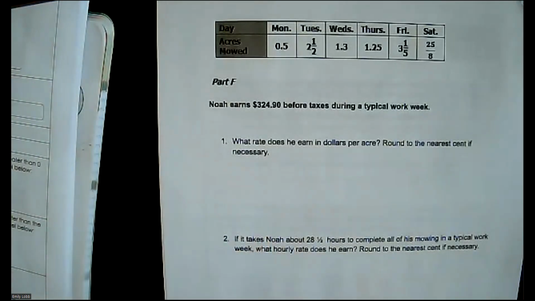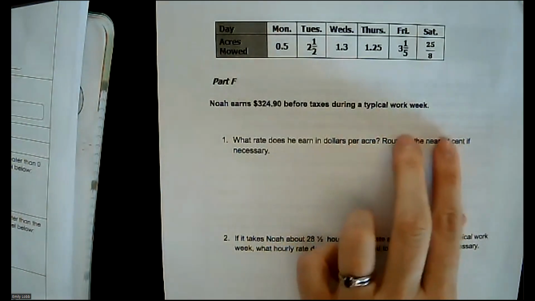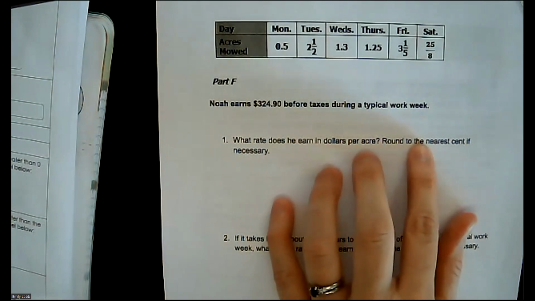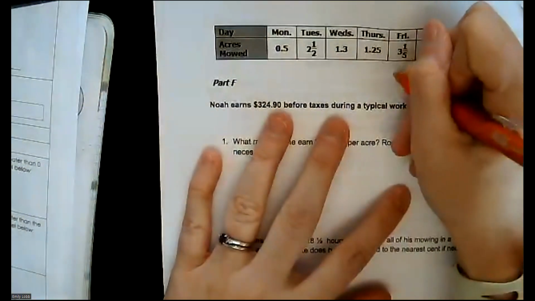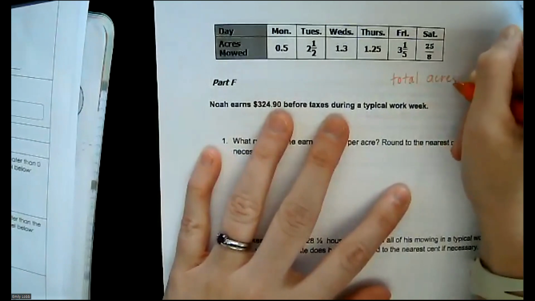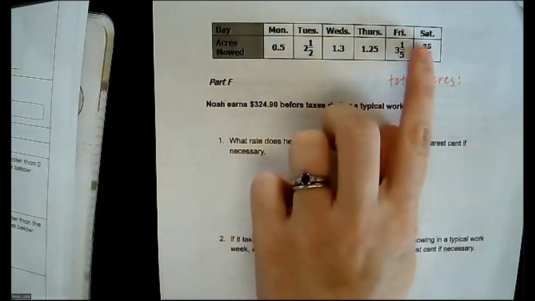All right, the last page, the back of the second page. Noah earns $324.90 before taxes during a typical work week. What rate does he earn in dollars per acre? So we need our total acres. We've already changed these to decimals.